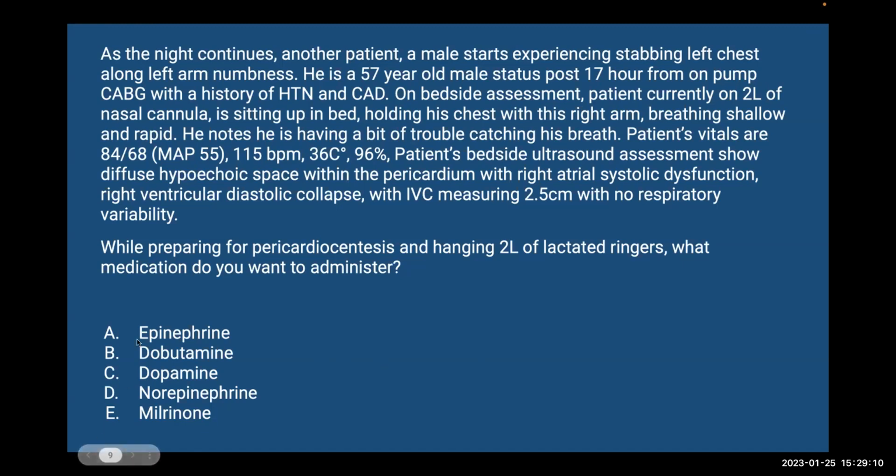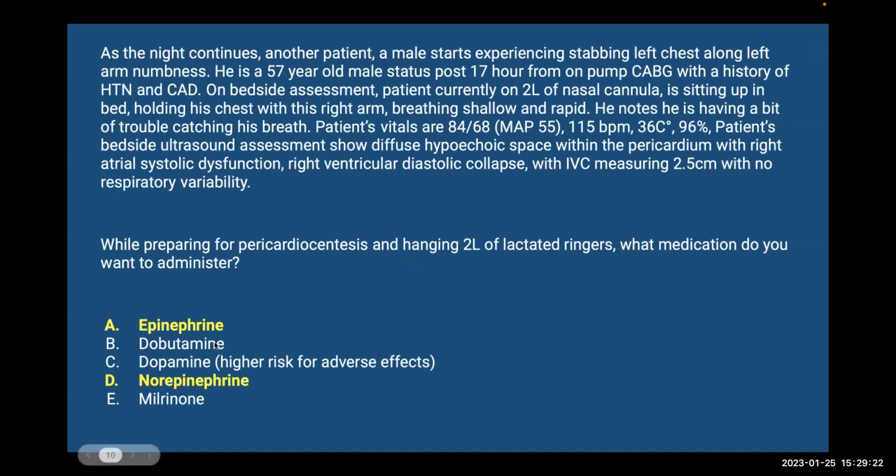Oh, got it. Would this be obstructive shock because of possible tamponade? Perfect. So it's more of an obstructive shock picture. For obstructive shock, norepinephrine and epinephrine are really whatever you can give the patient.